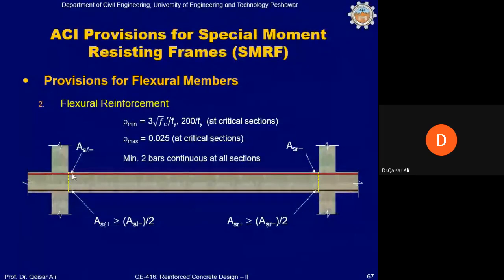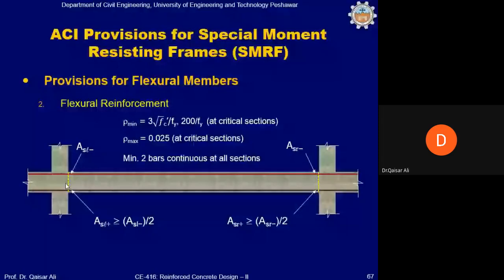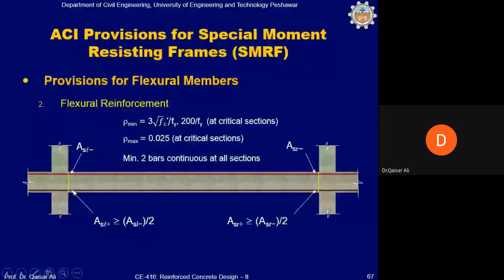So if we obtain 8 bars here on the top side, and from the bending moments obtained from the analysis of the gravity load as well as the lateral load, the reinforcement comes out to be, let's say, 3 bars. So from the design, the reinforcing bars are 3.